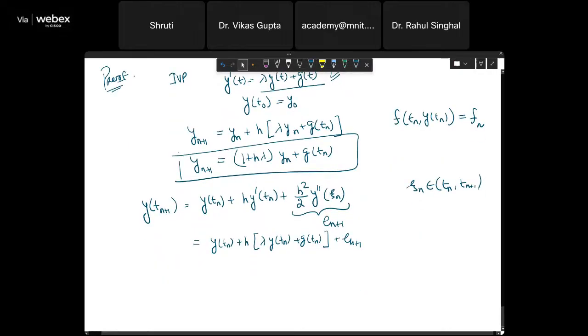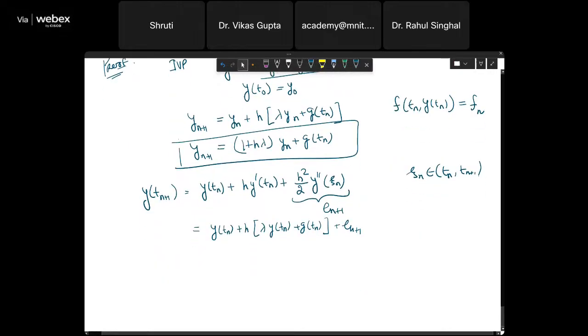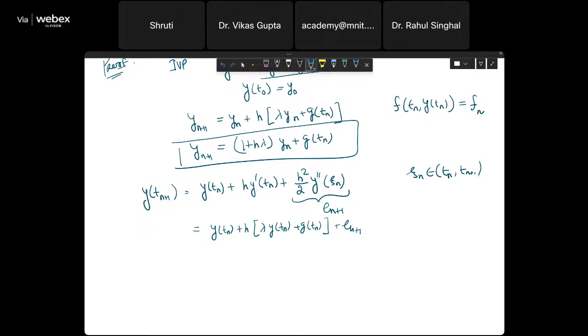So with all these things we obtain the expression 1 plus h lambda multiplied with y at tn, plus h g at tn, plus en plus 1 on the right hand side. Then by taking the difference of the actual value and the approximate value we can compute the global truncation error at the n plus 1th step, which is y at tn plus 1 minus yn plus 1.